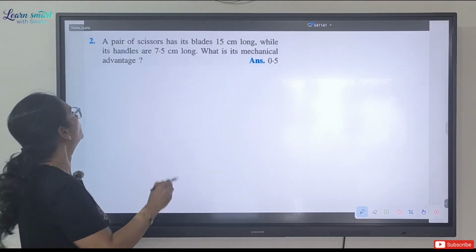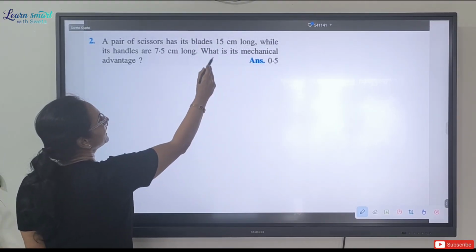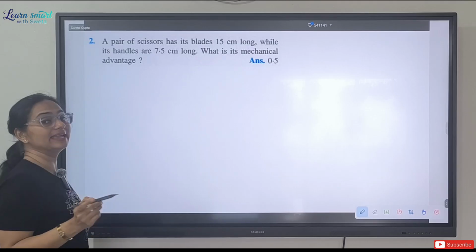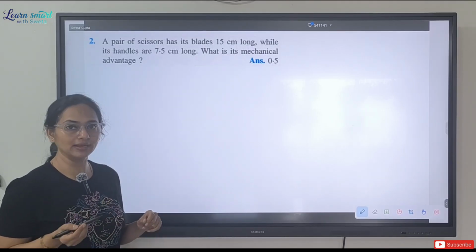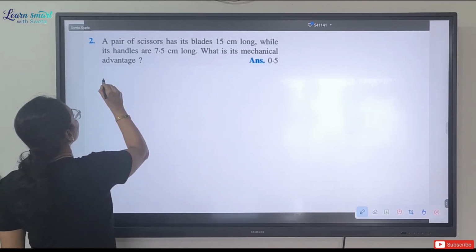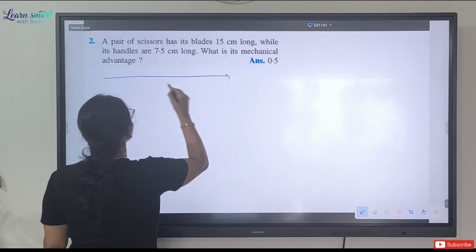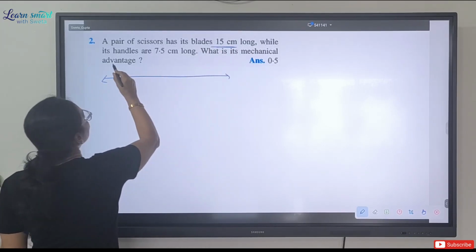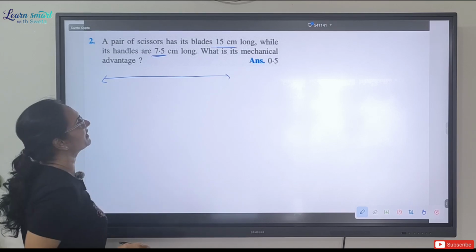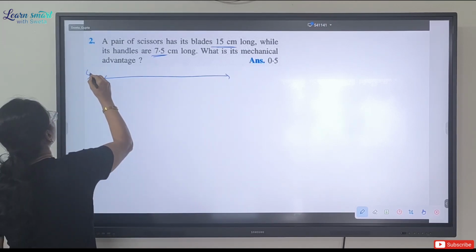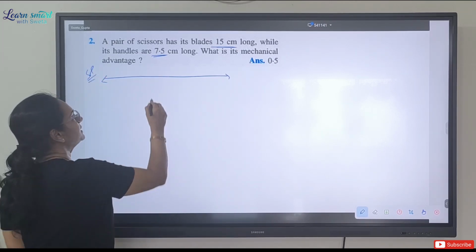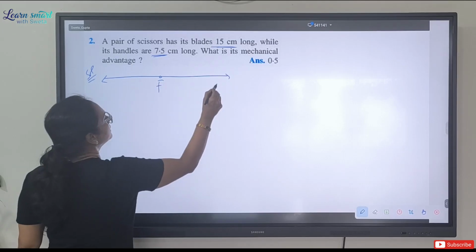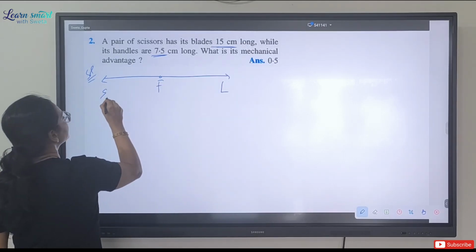Now, question number 2. A pair of scissors has its blades 15 centimeter long. Again, scissors, it is a class 1 lever. So, we will draw like this. And its blades are 15 centimeter long while its handles are 7.5 centimeter long. What is the mechanical advantage? So this is the fulcrum, here is, let's say, load, and here is effort.